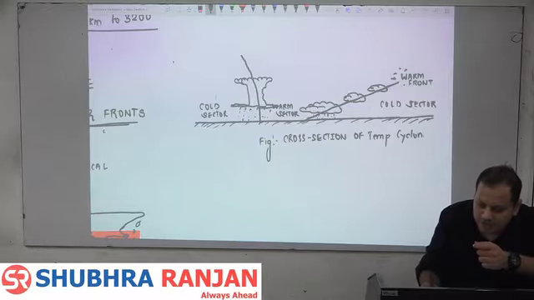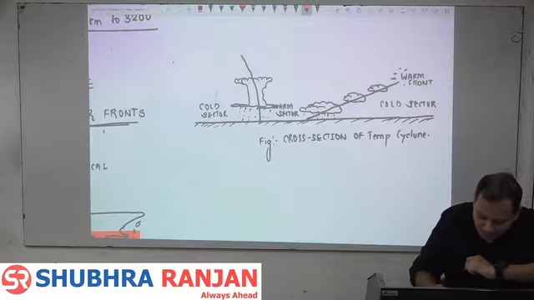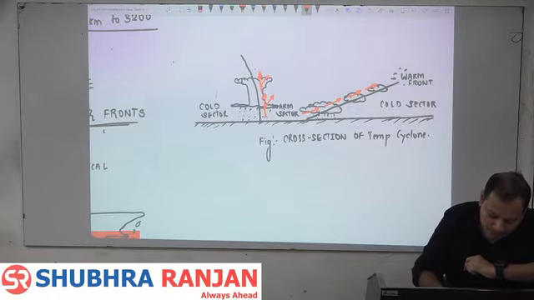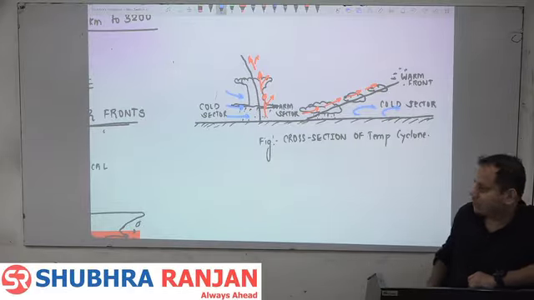This whole phenomenon we will call a temperate cyclone, where warm air will be rising upwards from here, or the warm air may be thrown upwards from here. Here the cold air will descend along the cold front, or cold air will stay on the ground in the region of the cold front.